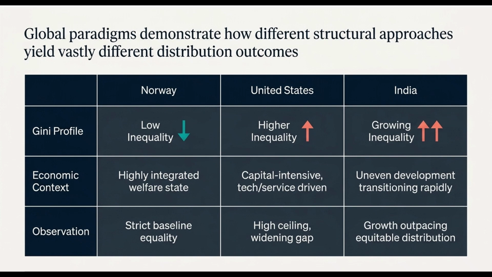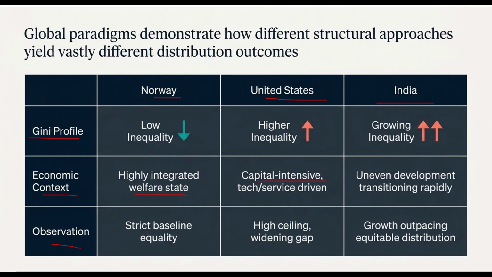Now let's see some global comparisons. Okay, so we have the Gini profile, economic context and observation of Norway, US and India. So in Norway, their Gini coefficient shows low inequality, but in the United States it is high inequality, and in India it is growing inequality. And what is the economic context? Highly integrated welfare state, right? And what about US?